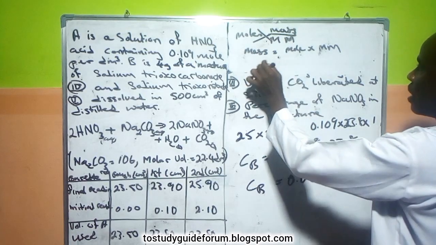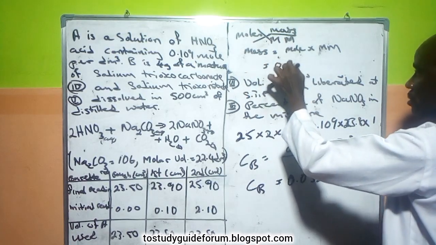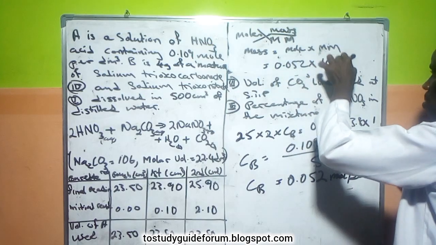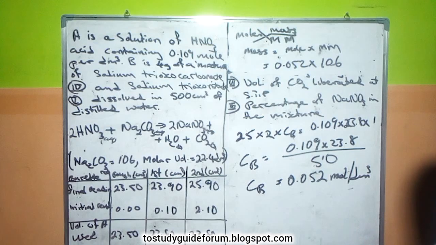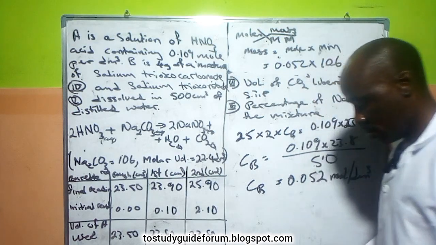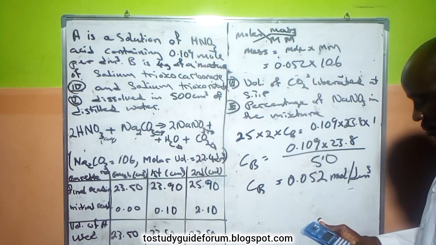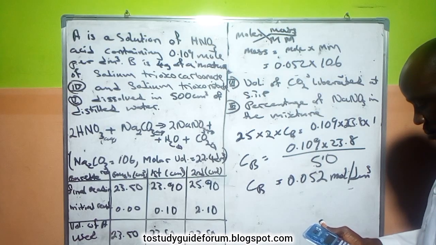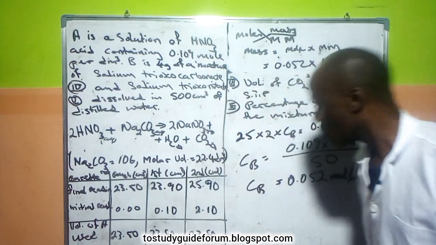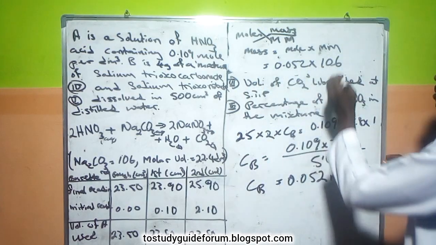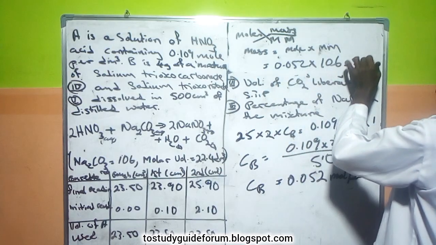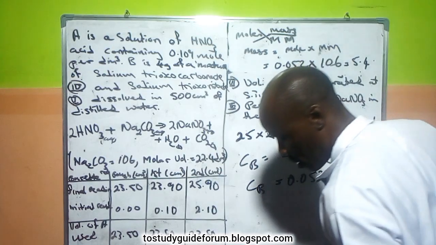So we substitute, we have the mole here, 0.0252, times the molar mass, which is 106. Multiplying it, what we have here is equal to 5.499.